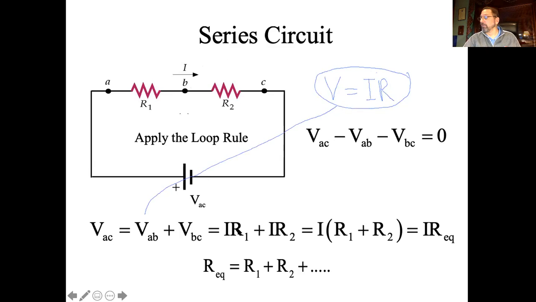And the current in this series circuit, and remember the current is the same everywhere in a series circuit, is just I times R1, where I've called this first resistor R1. I do the same thing for the other voltage, and so I get the current times resistor 2. As I said, the current is the same, and so I can factor it out. And so the voltage across the battery is equal to the current times the sum of the two resistors.